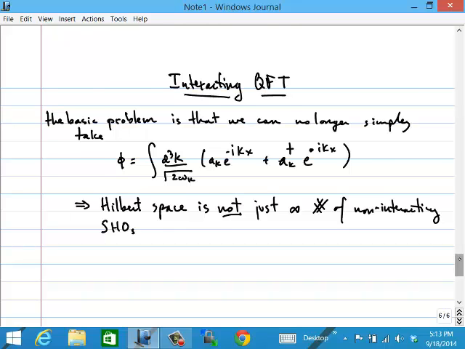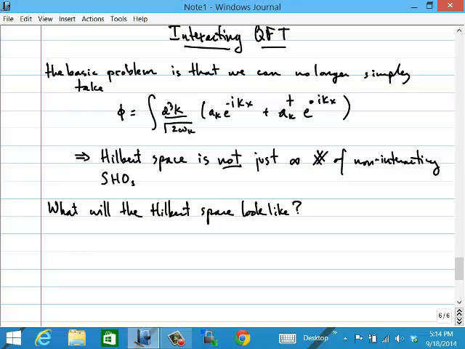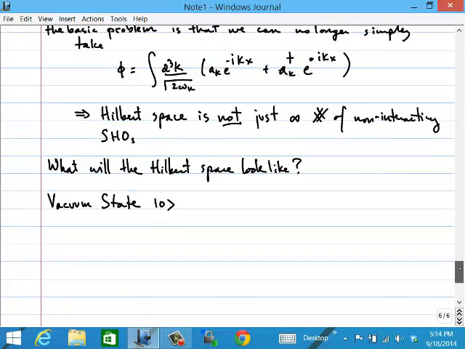So the question is, what in general will the Hilbert space look like? First of all, there should be a vacuum state, a state with no particles that we'll continue to call |0>.